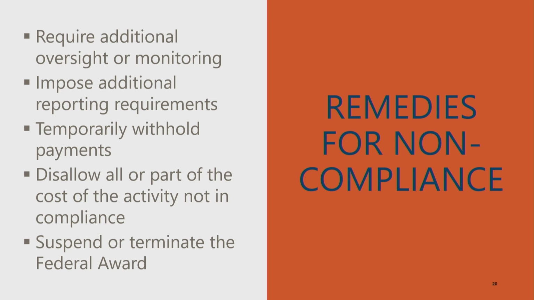It's important to remember that these actions listed in 2 CFR Part 200, Section 339 are not the only options available. There may be other remedies depending on the federal program, such as meeting specified corrective action or other goals.